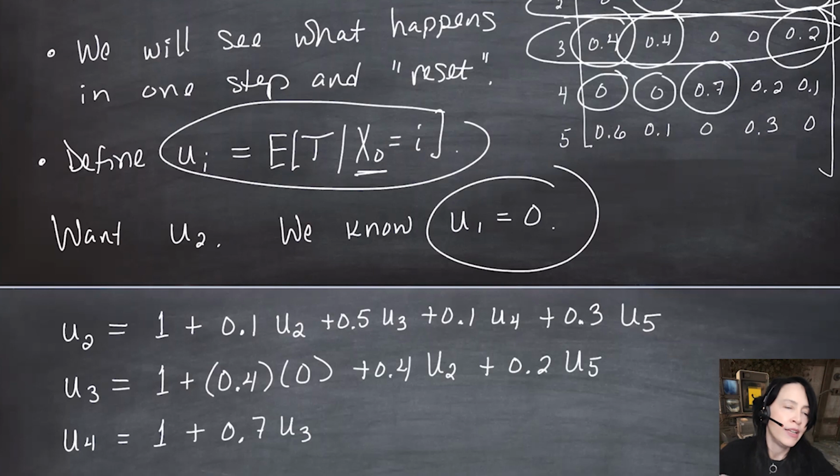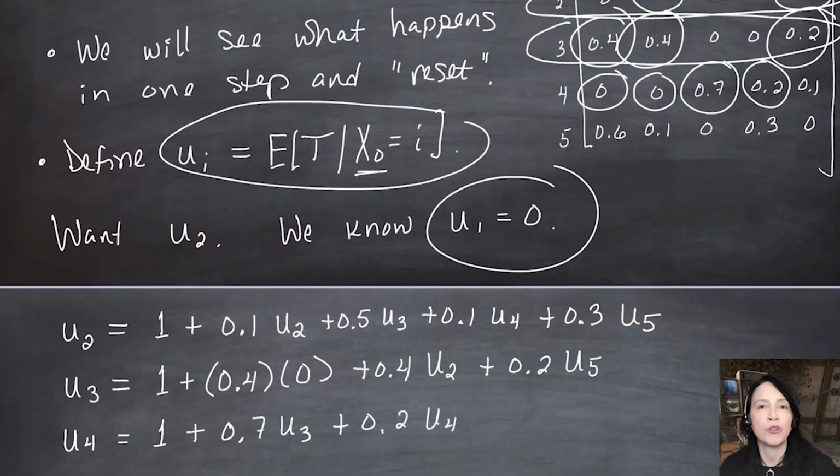We take 1 step, and then if we're at 3, we start from there. If we're at 4, we start from there. And yeah, I can go from 4 to 4 with probability 0.2. And then I get U4, which is the expected number of steps to end at state 1, starting from state 4. And finally, with probability 0.1, I go to state 5 and start counting from there.